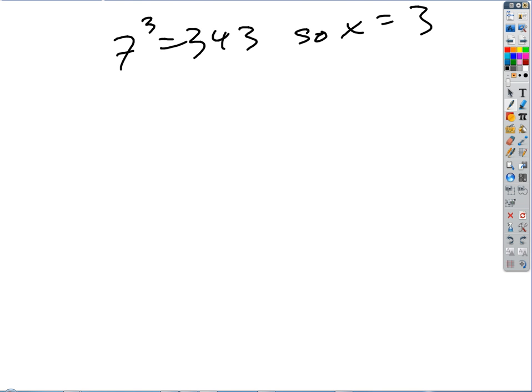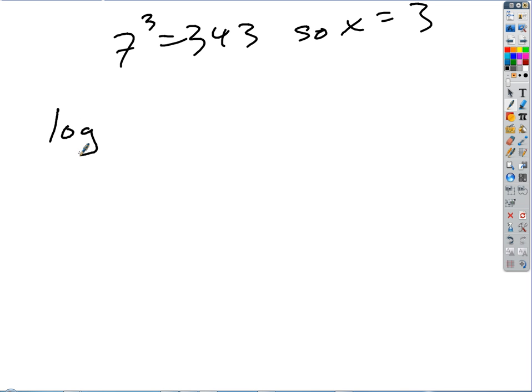How about this? Okay, what's that going to be? Now let's see if we can do this one even without rewriting it. Whatever this is equal to, call it x.